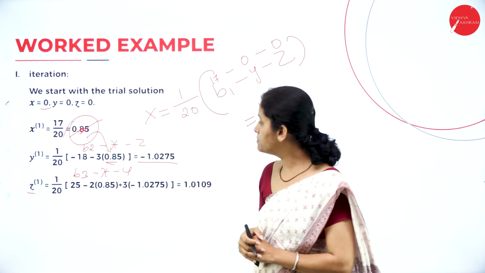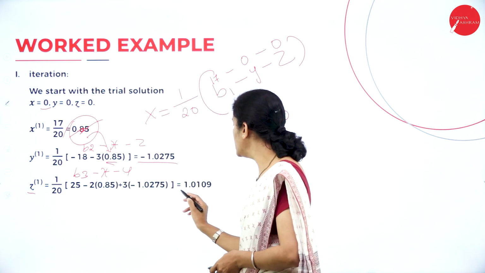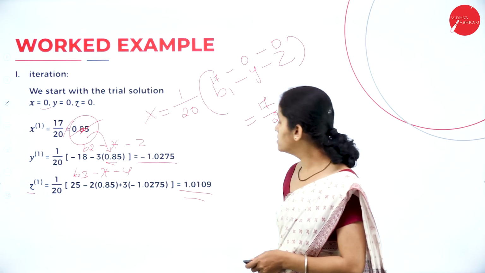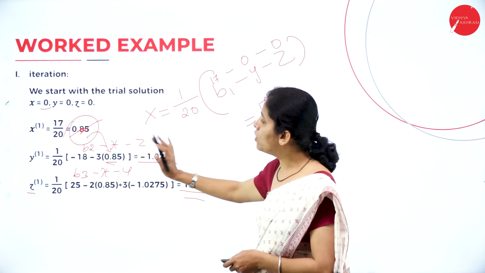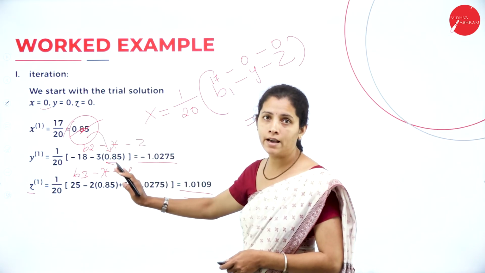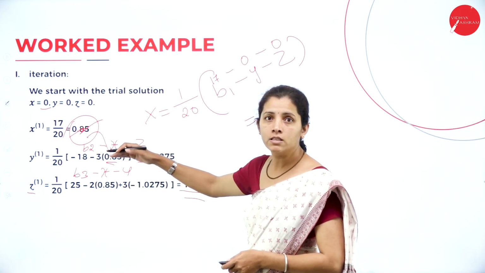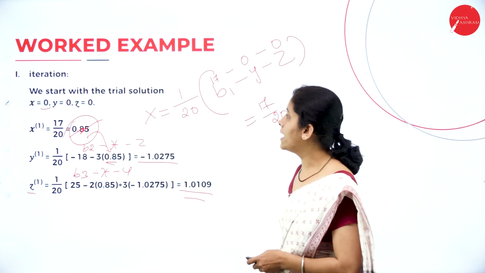When I substitute the values, I'm going to get the answer 1.0109. Now I have the x value, y value, z value, and this is the solution for my next iteration.